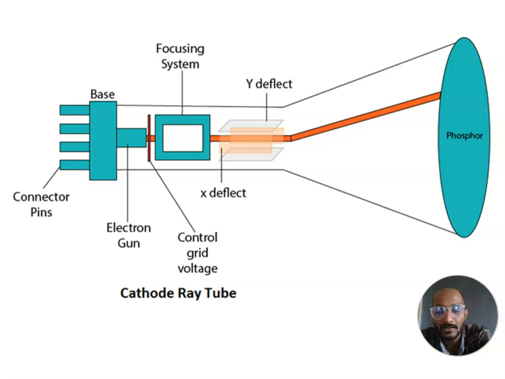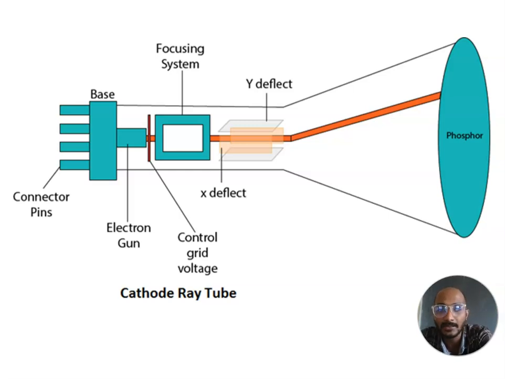Now what is the main use of that deflection plate? When the electron enters the deflection plate, it will be focused directly onto the screen, the phosphorus coated screen. How does it work? This deflection plate controls the position where the electron will hit on the screen.